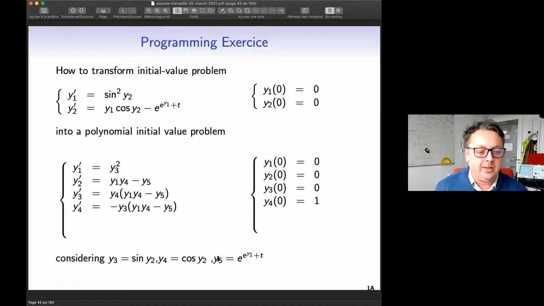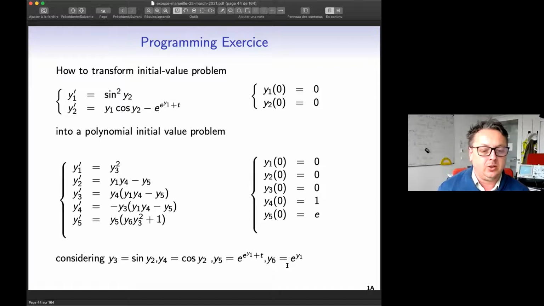And now you look at the derivative of y5 and see that it should be y5 times exponential of y1 plus t. So you need to introduce a new variable y6 and continue the process. So now what is the derivative of y6?